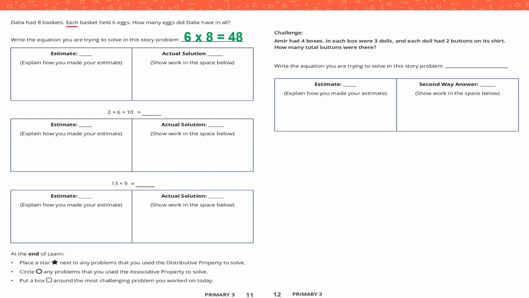So 48 eggs. Okay. The next question, 2 times 6 times 10. I have here 3 factors, so I will use associative property.